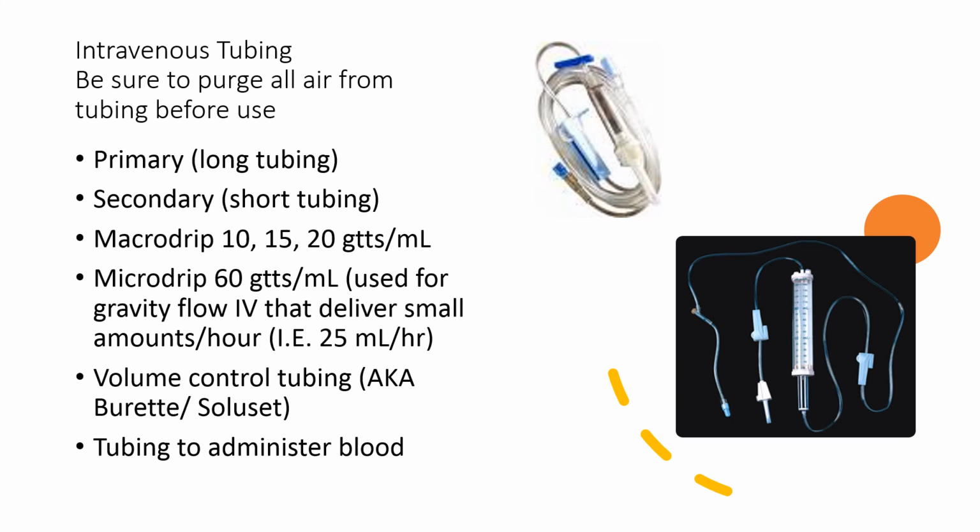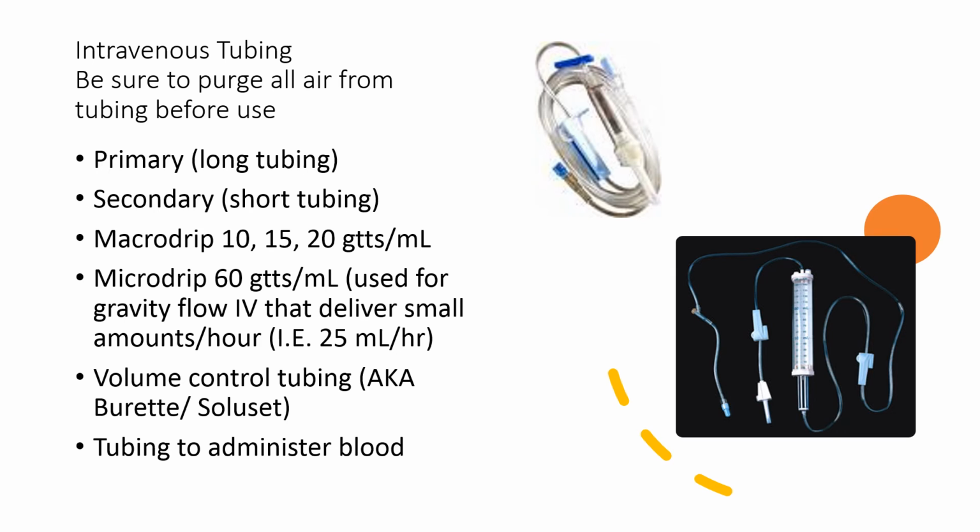A volume-controlled tubing, or a burette or Soluset, has a chamber on the tubing that holds only about 150 to 200 mLs, and this protects clients from accidental infusion of a 500 to 1,000 milliliter bag. This is used in pediatrics and if there's concern of fluid overload for a patient.